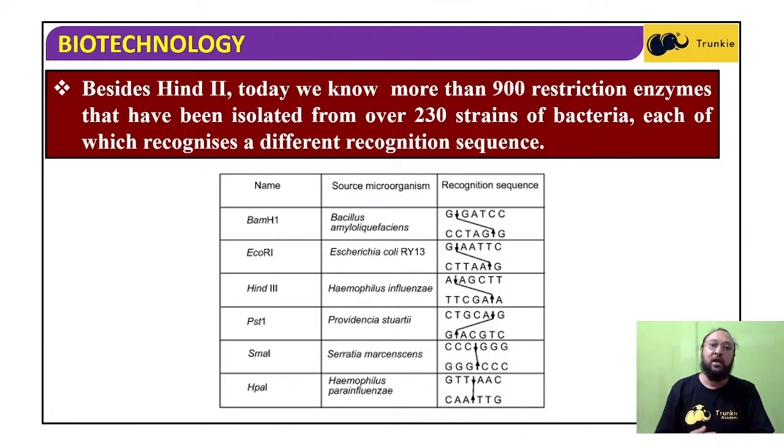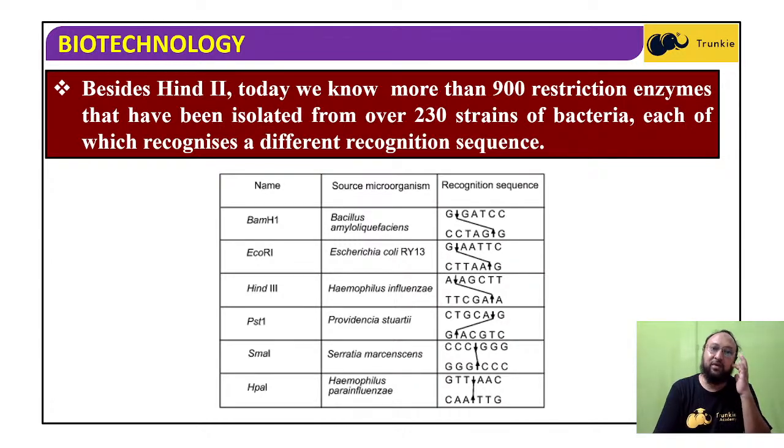Now, in the case of EcoRI, one of the most common and widely used restriction enzymes, Escherichia coli RY13 is the source bacteria from which it has been isolated, and it cuts between guanine and adenine, a specific site for binding.